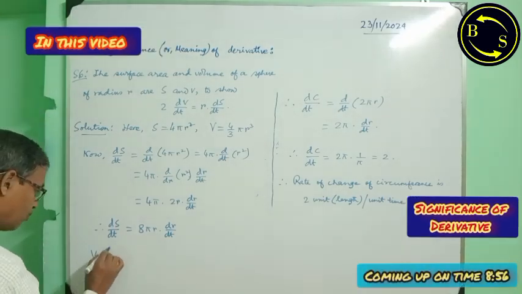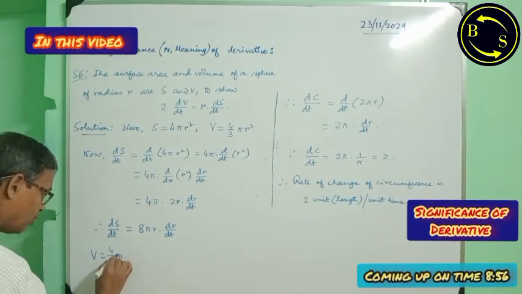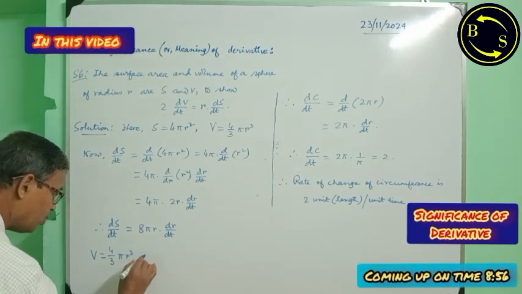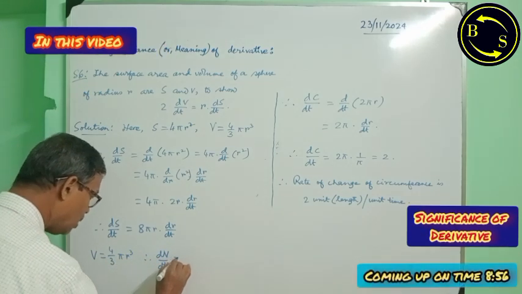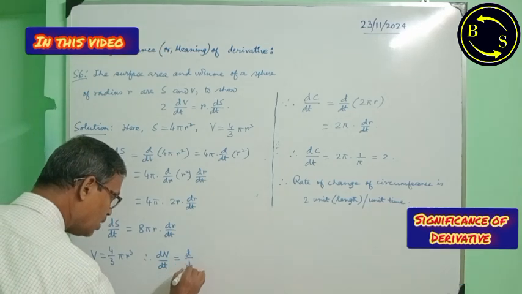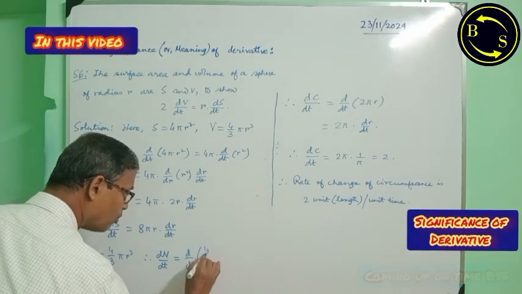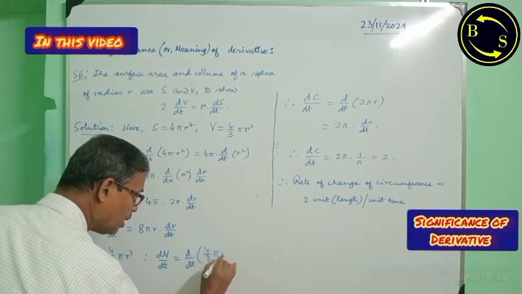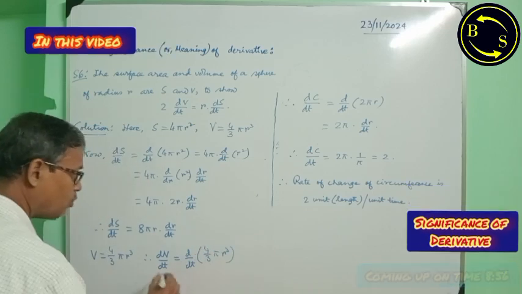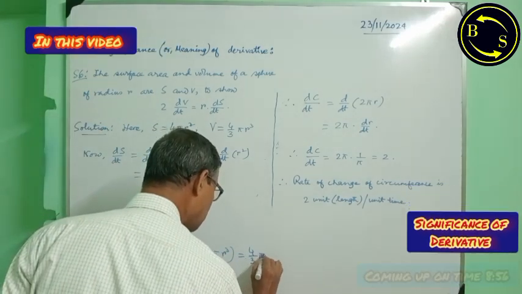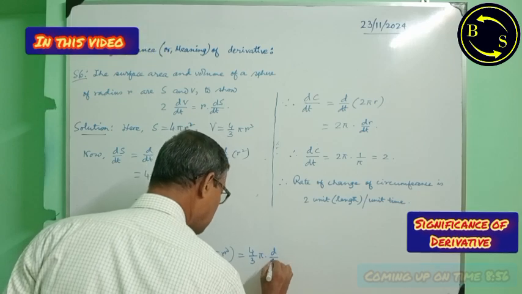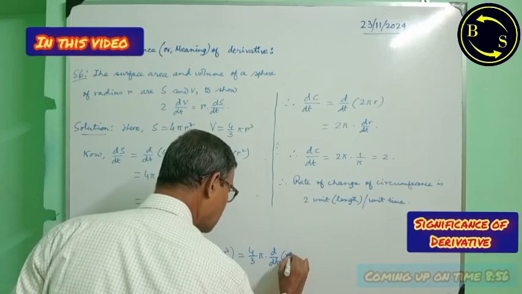V equal to 4 by 3 pi r cube, therefore dv dt equal to d dt of 4 by 3 pi r cube. 4 by 3 pi is constant, that is taken outside, into d dt of r cube.